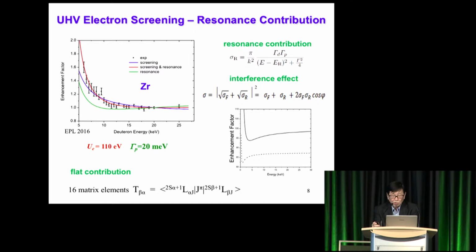The correct shape of the enhancement curve could be obtained due to the destructive interference between both contributions, which leads to a characteristic pocket shape as plotted with the red curve in the left figure.